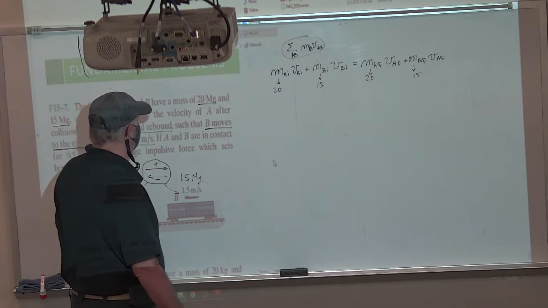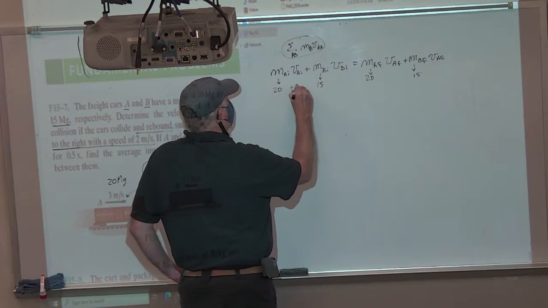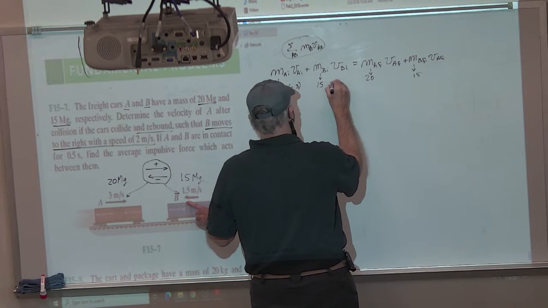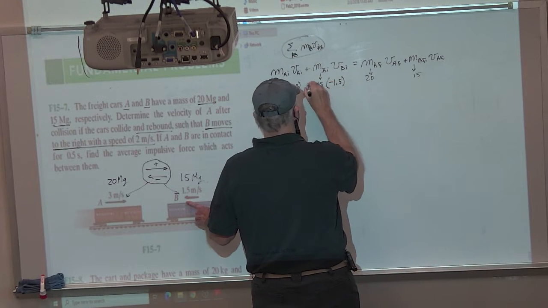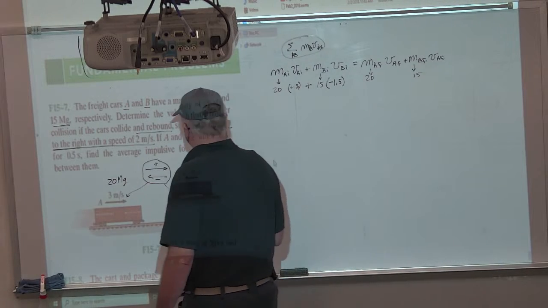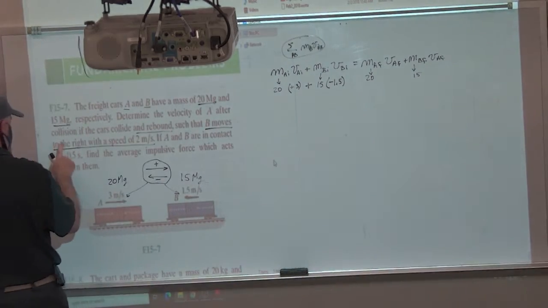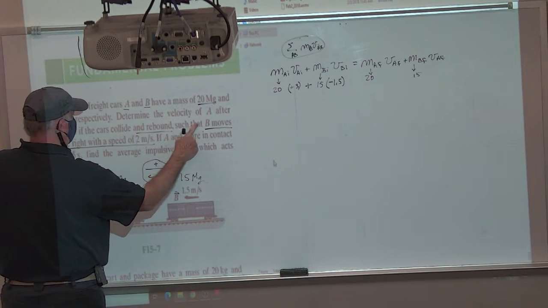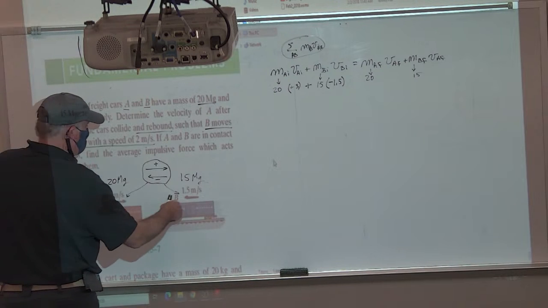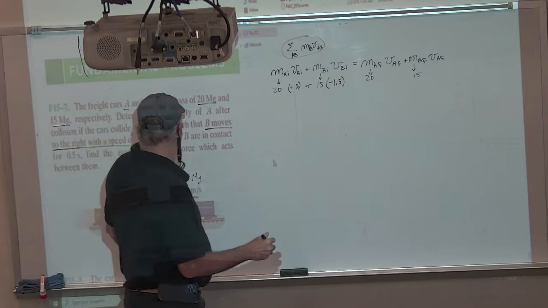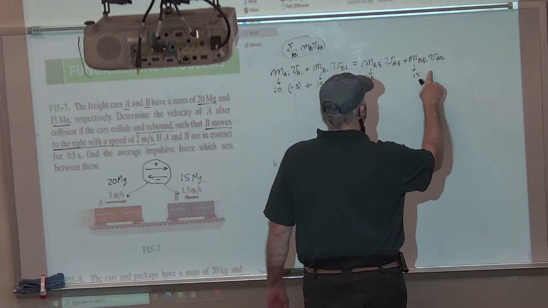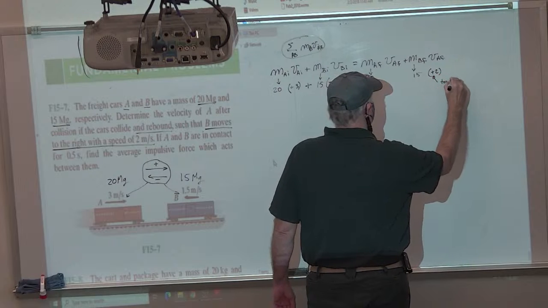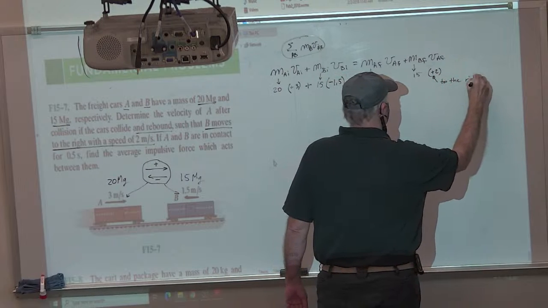So you see a 3 for A. You see a negative 1.5 for B. He tells you that B moves to the right with a speed of 2. It rebounds such that B moves to the right. This would be B moving to the right with a speed of 2. Here's your B. To the right.